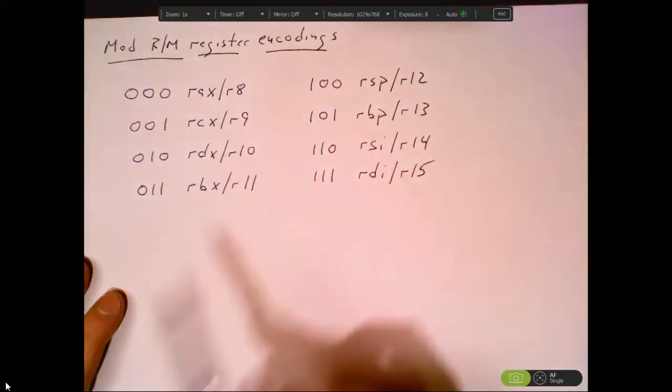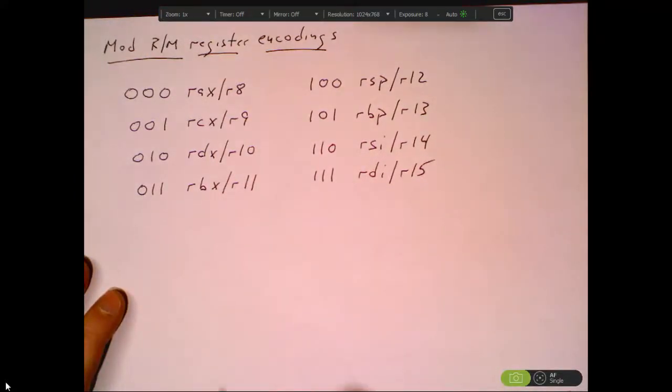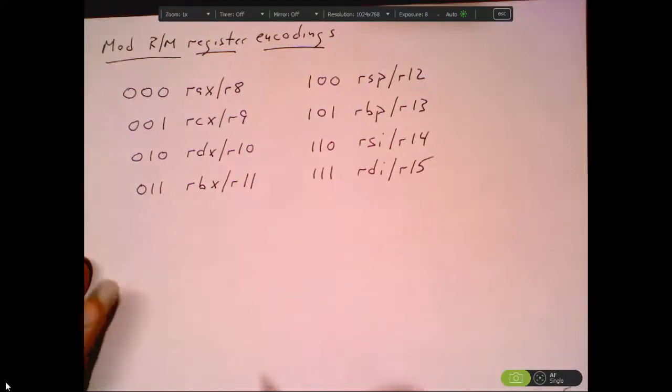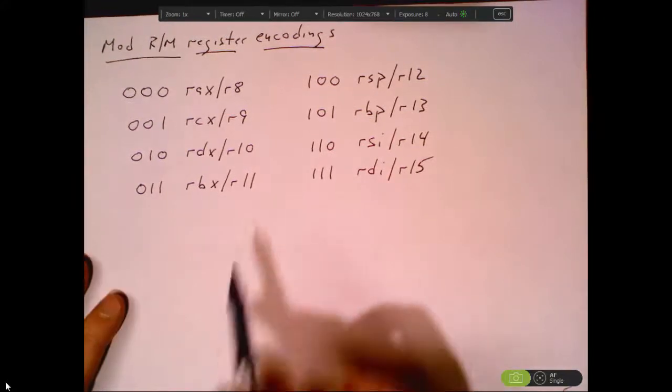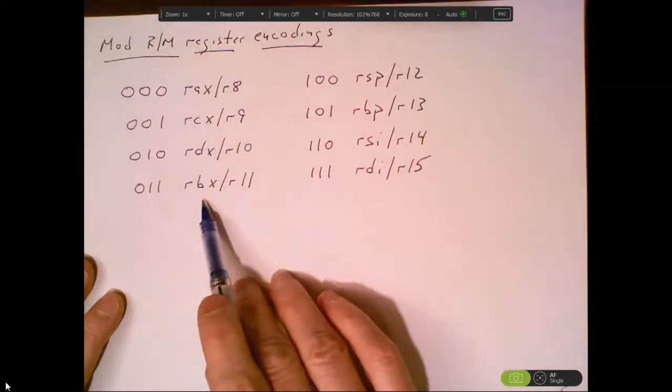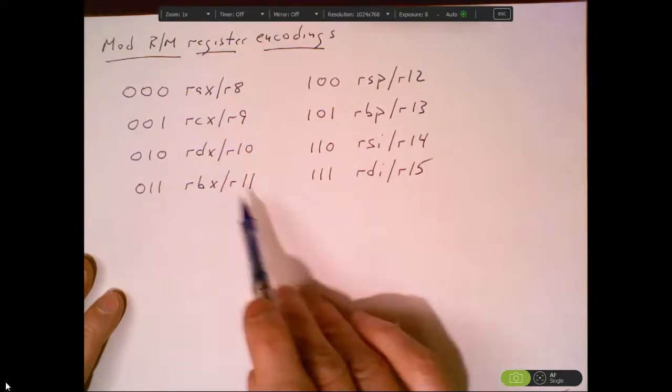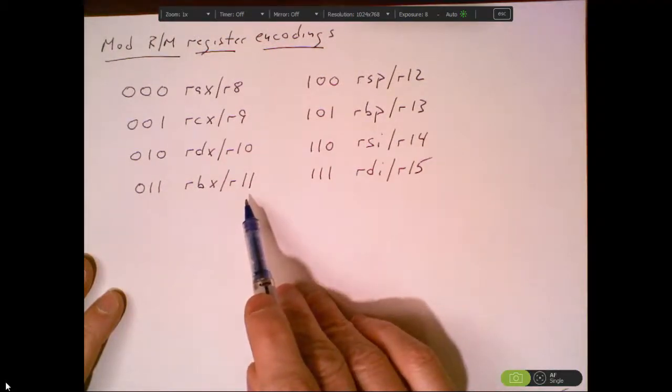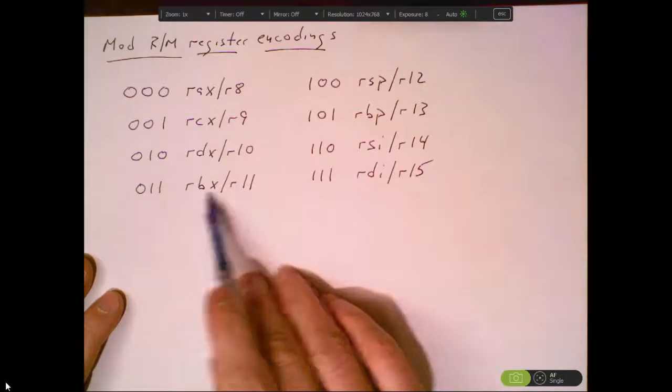So there has to be a bit somewhere else. It's actually in that first prefix byte. It's going to be a bit that selects whether we're talking about a traditional register or a new register. So there's a bit somewhere else that makes that distinction.